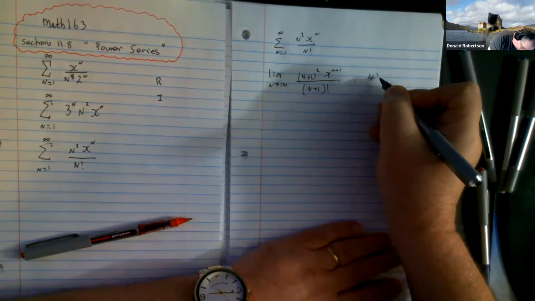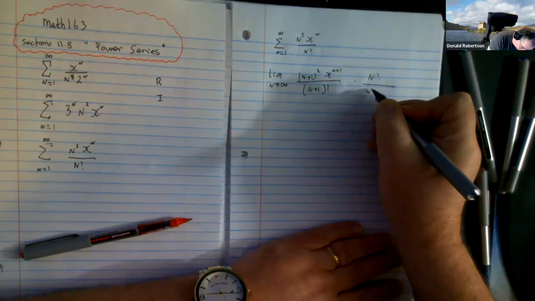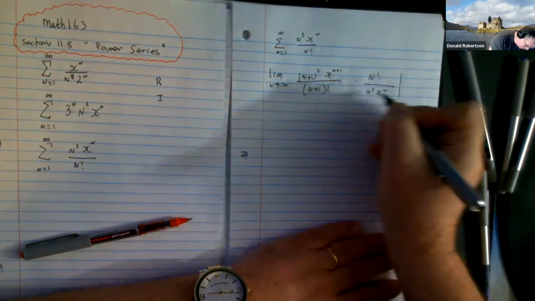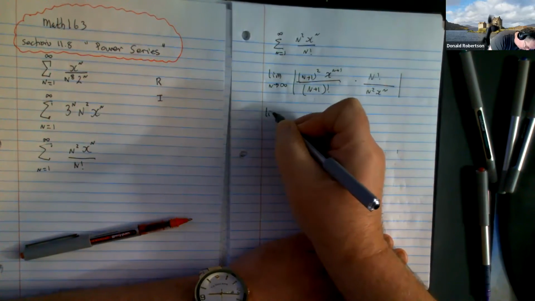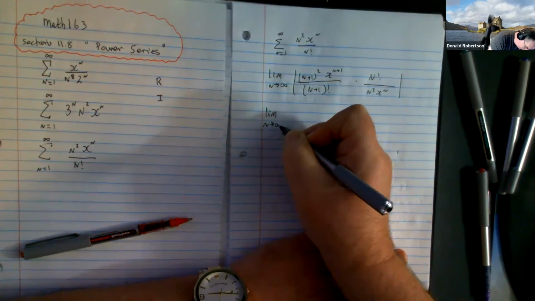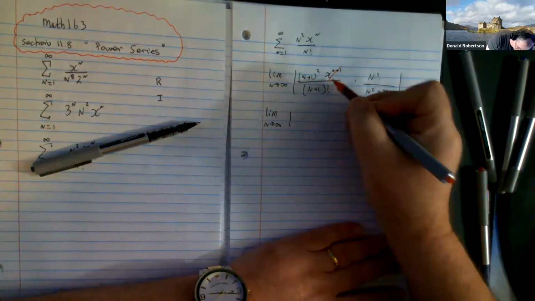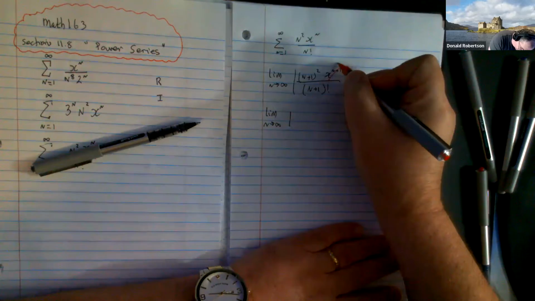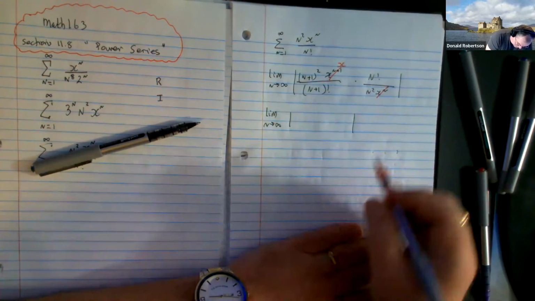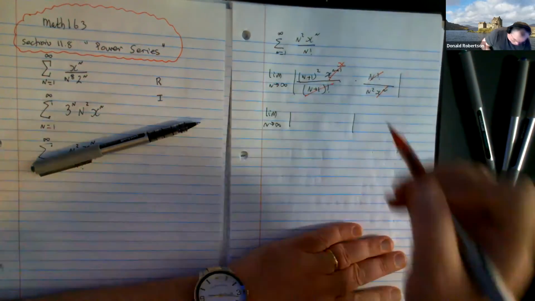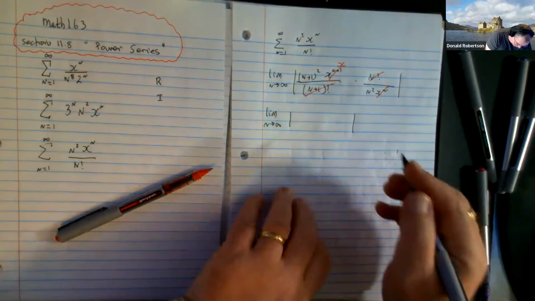Then you turn it upside down with n's. Okay. X to the n plus 1 cancels out the x to the n, you get an x left over. N and n plus 1 factorial also cancel.